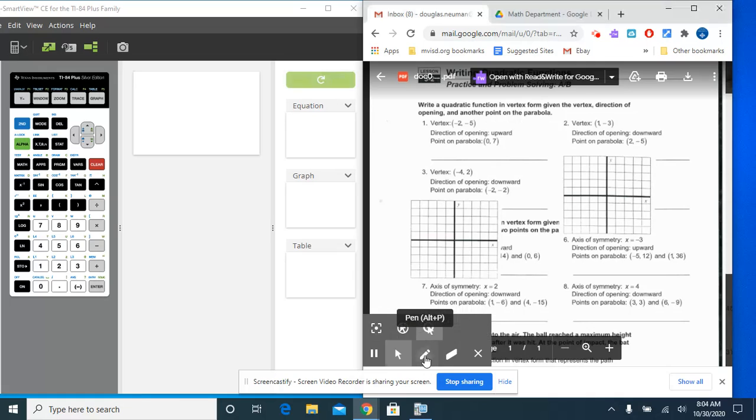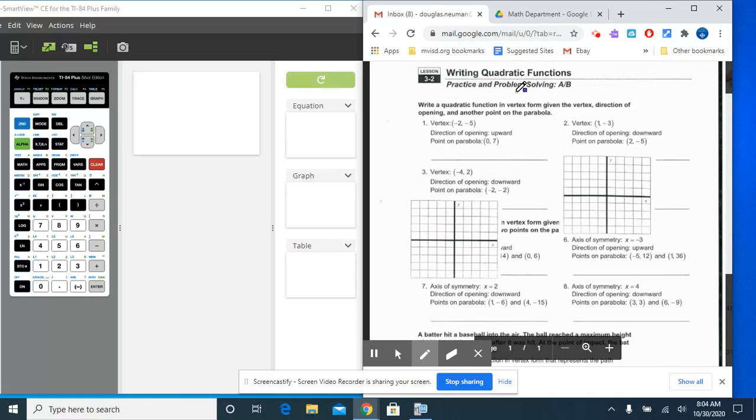And again, your vertex form is y equals a, which either makes it wider, narrower, or reflects it or flips it, times x minus h squared plus k. That's your template you work with. And then you're going to plug numbers in for the a, the h, and the k.